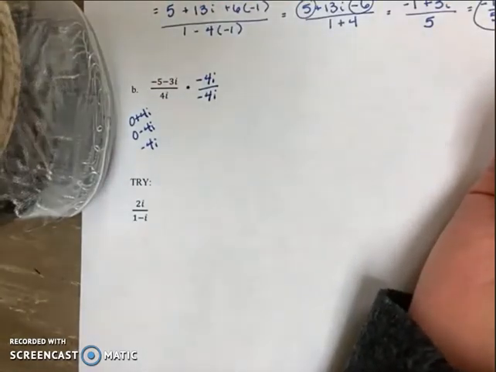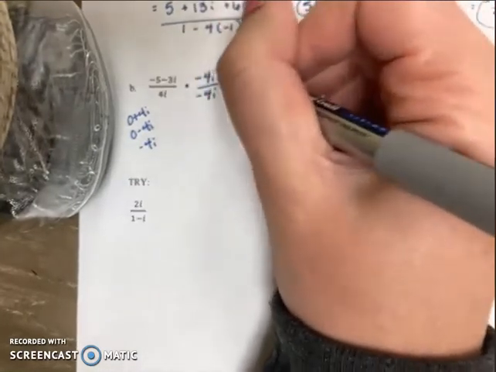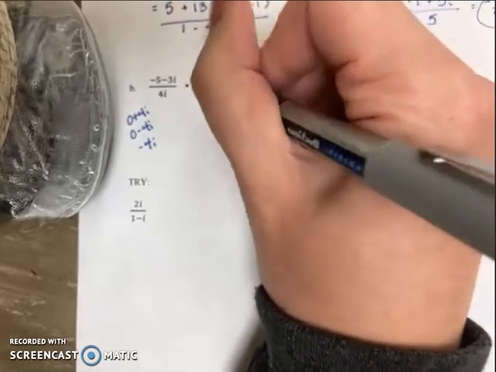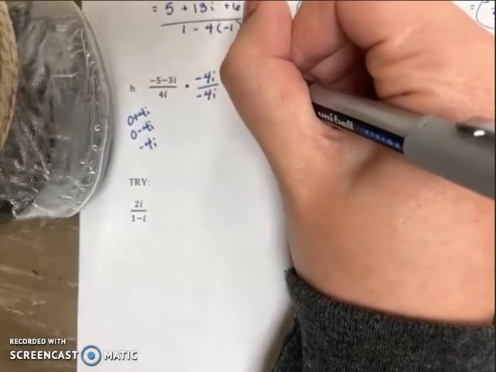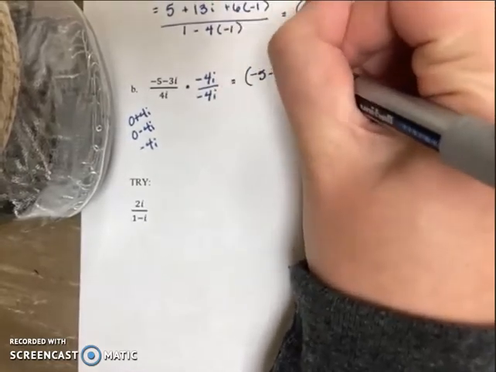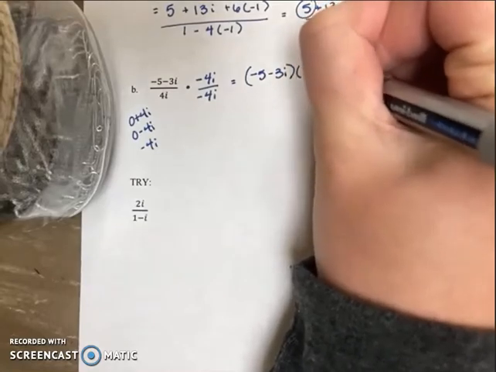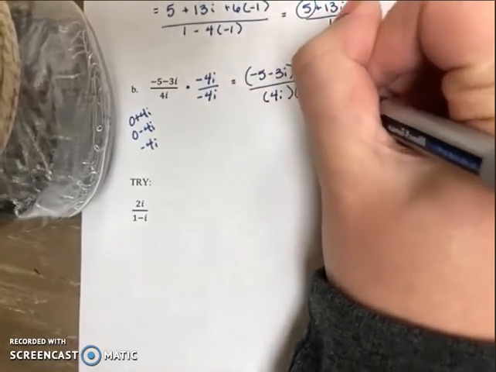Now, I'm not foiling now because it's just a number, an imaginary number, so I can just distribute. Really, this is a negative 5 minus 3i times negative 4i, over 4i times negative 4i.